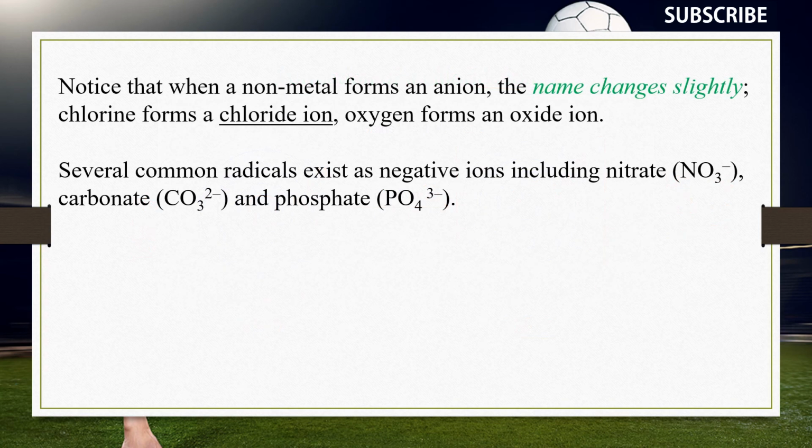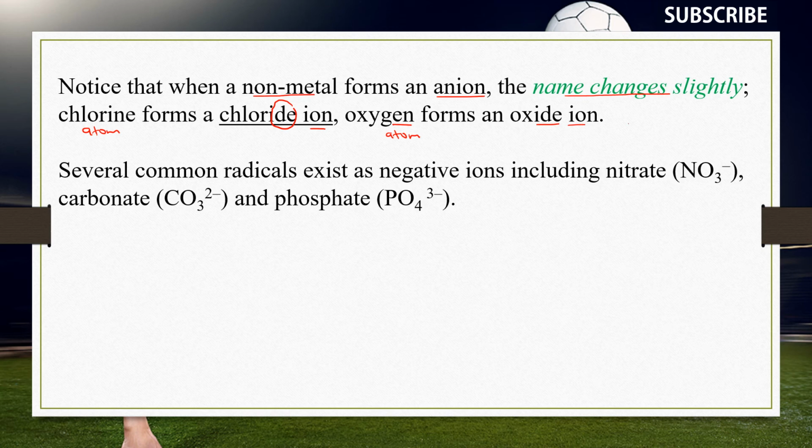One thing to note is that whenever a nonmetal becomes a charged particle, the name slightly changes. For example, we had a chlorine atom and it changed to a chloride ion. When you have an oxygen atom, it will change to an oxide ion.